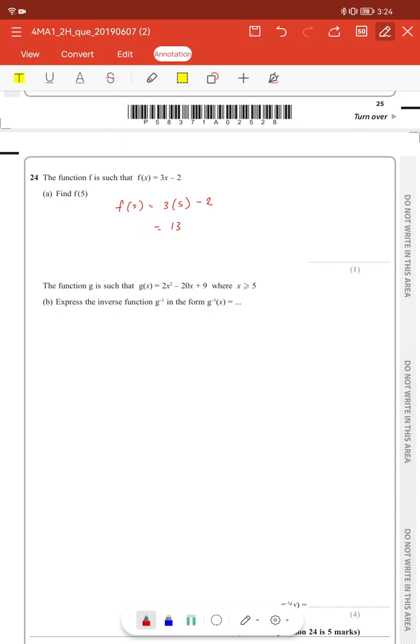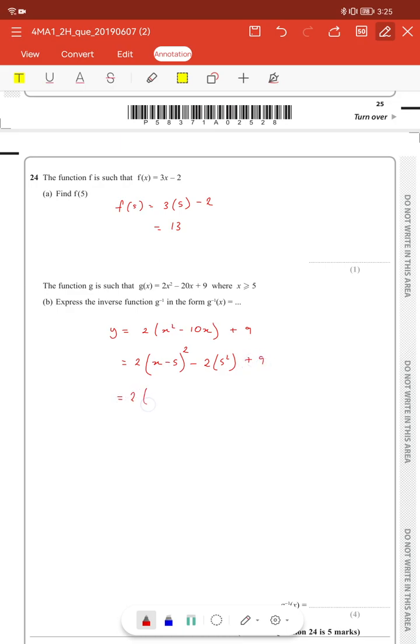So if we were to do this, the first thing we want to do is complete the square. So I'm going to say y is equal to 2 brackets x squared minus 10x plus 9, which would be 2 brackets x minus 5 squared minus 5 squared plus 9.